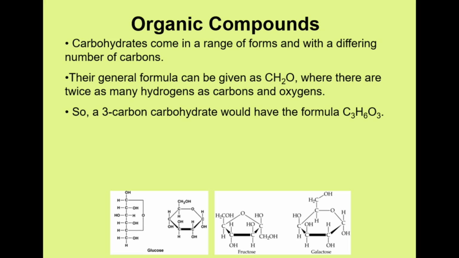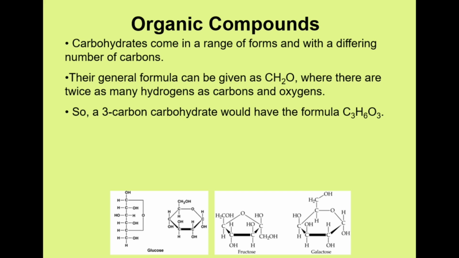So 3 carbons, 6 hydrogens, and 3 oxygens. So we can see there are twice as many hydrogens as there are carbons and oxygens. And this is an actual carbohydrate that exists. It's called glyceraldehyde, one of the precursors of glucose that plants produce in photosynthesis.